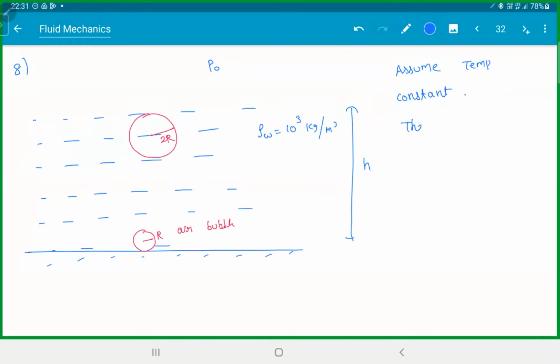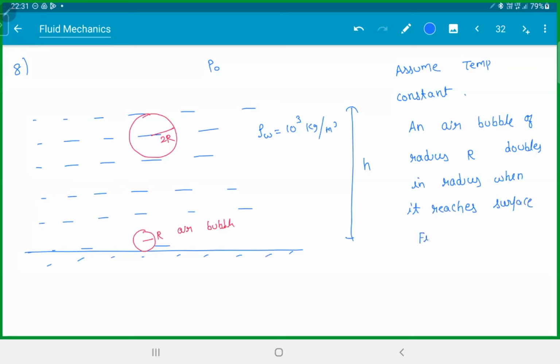The radius of the bubble doubles when it reaches the surface. Find h.